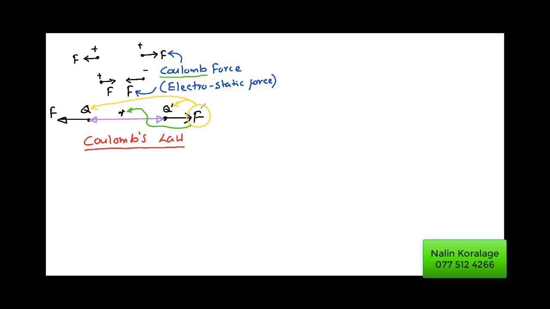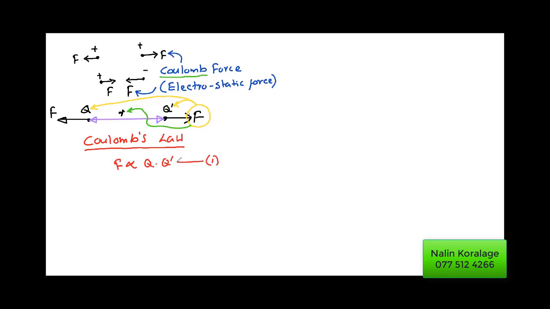This electrostatic force between two point charges, so F, is directly proportional to the product of their charges, Q into Q dash. Equation number 1, let's say. This is the first conclusion.